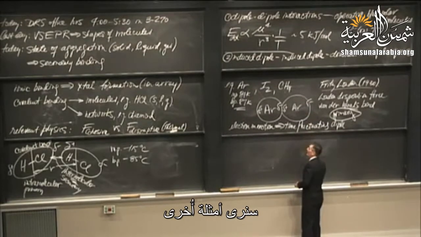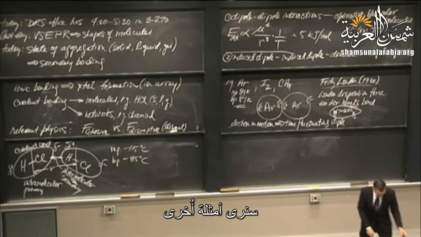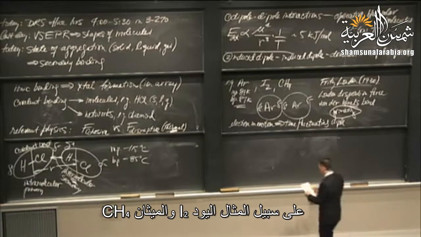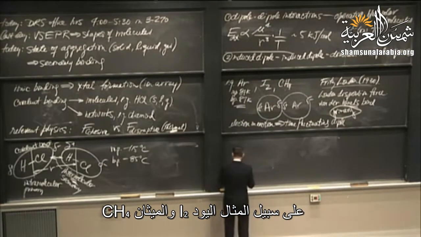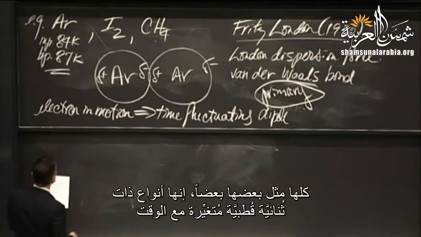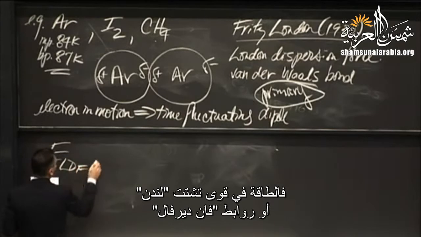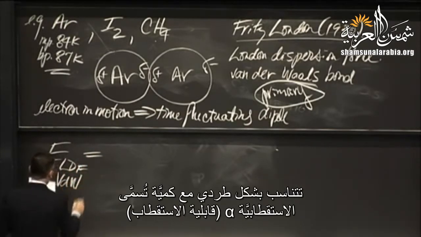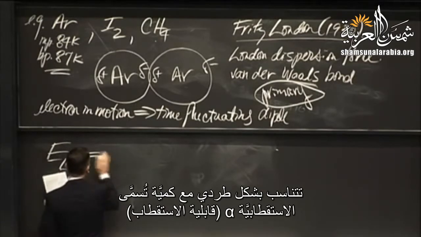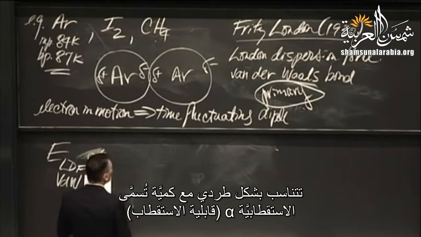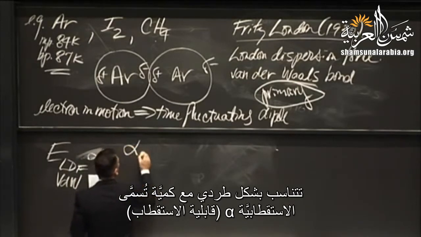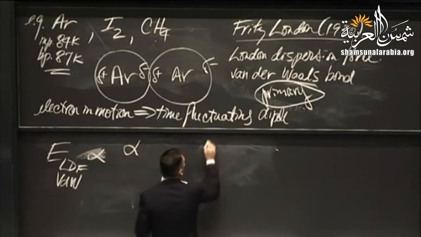All right, so we can look at it in a few other instances. For example, we can look at it in the case of iodine, and in the case of methane. All the same, time-fluctuating dipoles. And this is a very, very weak force. So the energy in London dispersion forces, or van der Waals bonds, is proportional to a quantity called the polarizability.